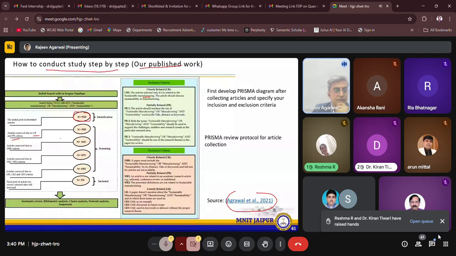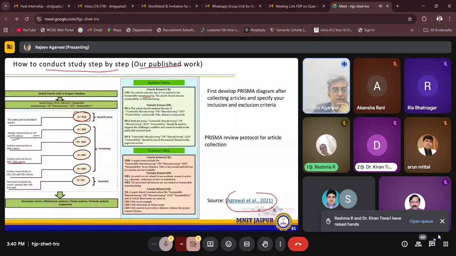So as we have removed those, then we have a screening where articles were removed due to NR1 and NR2. NR1 is partially related criteria, where articles are not related to academic research. NR2 is presented definition or not related to sustainable manufacturing.